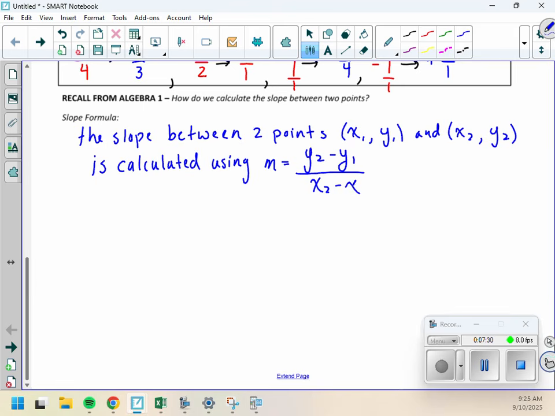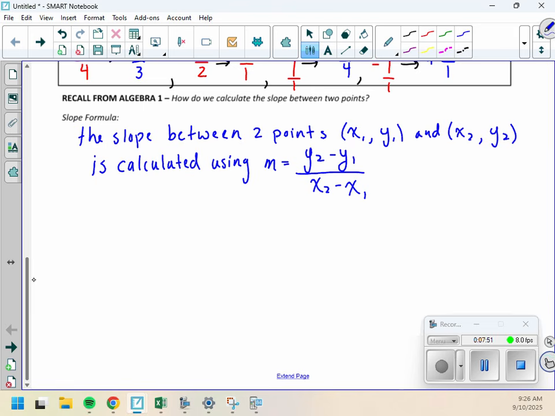Okay, this is a formula that's been used a lot in algebra, and we're going to need it in the rest of our lesson today because we're going to be comparing slopes to determine if lines are parallel, perpendicular, or neither. Let me show you how we're going to use this formula. Take a look at example 1.